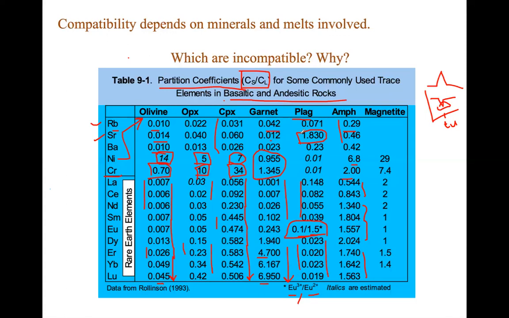That's low, but amphibole has 0.2, 0.4, like that, even for rubidium and strontium, the large ion lithophile elements. So irrespective of their categorization, whether low field strength elements or high field strength elements, amphibole can accommodate anything. That should be the conclusion: amphibole can accommodate almost everything.